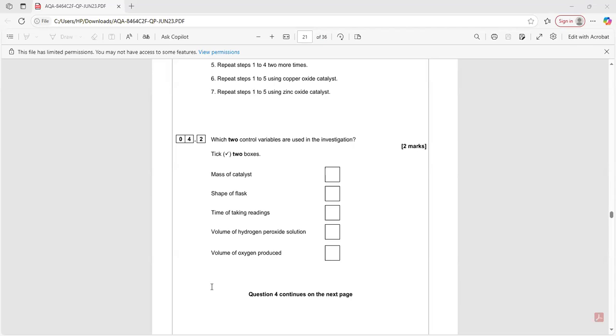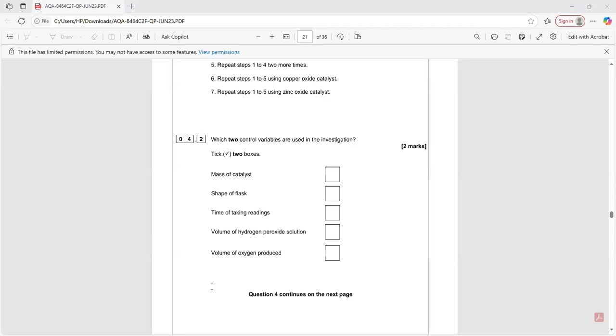Now, I think I agree with shape of flask because, ideally, a control variable is one which is intentionally kept constant so that it doesn't influence the outcome. Catalysts ideally are not even supposed to take part in a reaction.